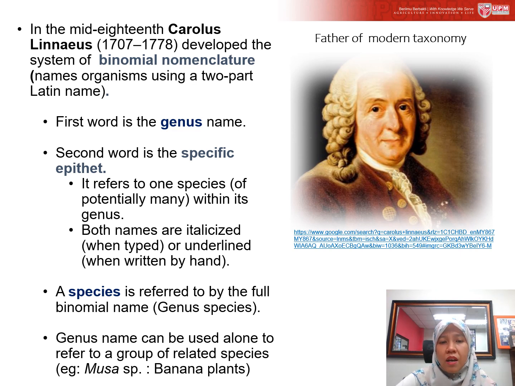Both names are italicized when typed or underlined when written by hand. Each species is referred to by the full binomial name, meaning you have to refer to the genus and species. The genus name, however, can be used alone to refer to a group of related species. For example, Musa species. Musa actually comes from the banana plant group.